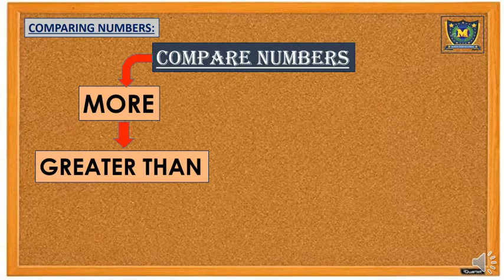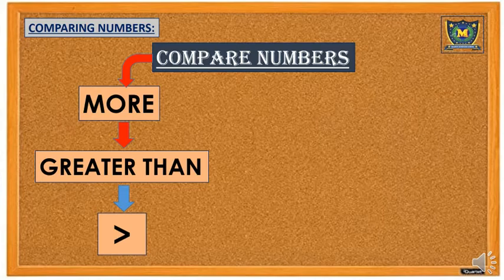Okay? Now, this is the symbol for more or greater than. This one. So kung imo makita, ang iyang tumitumoy sa murag arrow is going to the right. So this is the first term you are going to use in comparing the numbers. More or greater than and its symbol.